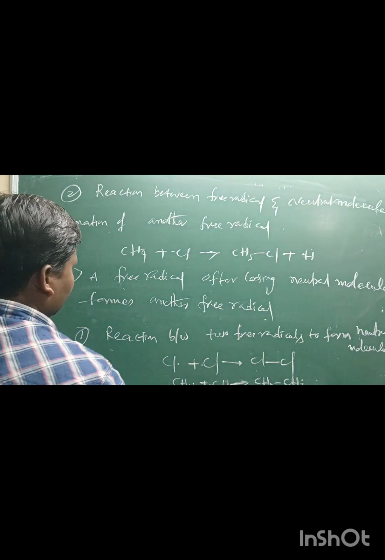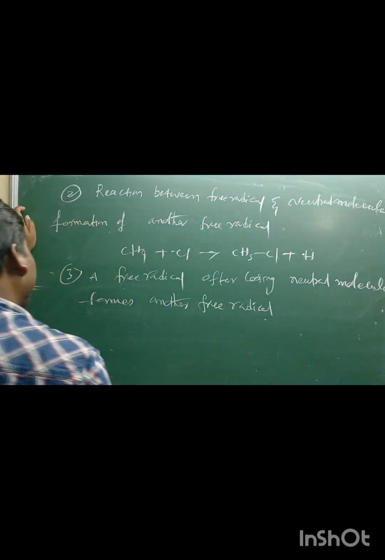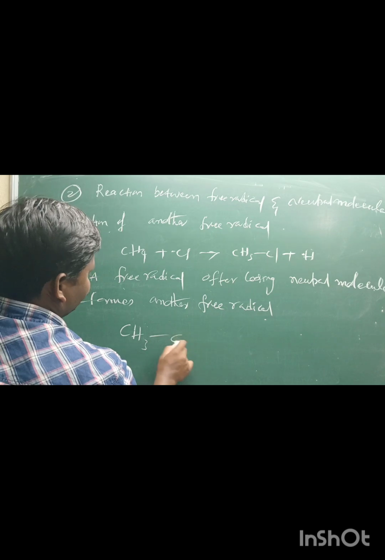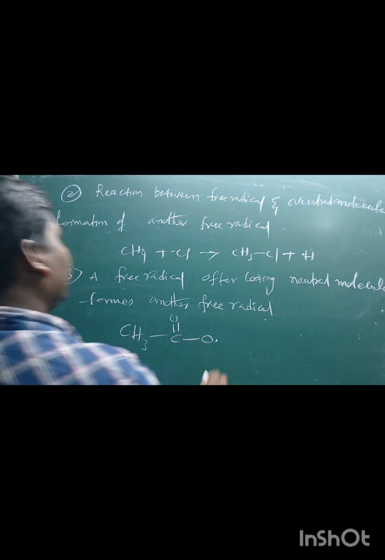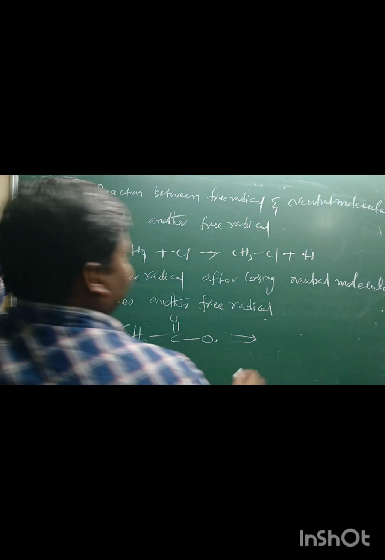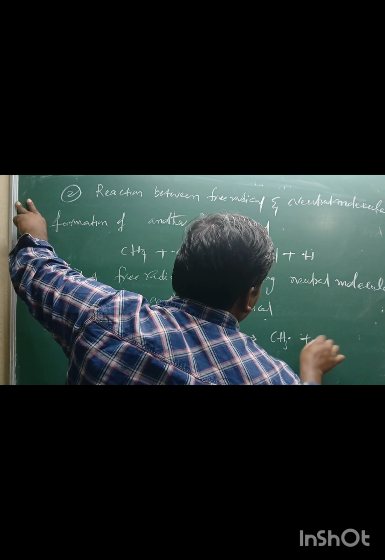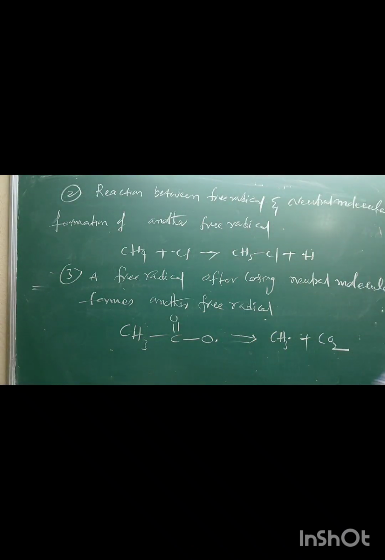For example, an acetate free radical can be converted into methyl free radical plus carbon dioxide. It is a free radical losing a neutral molecule and forming another free radical. This is the methyl free radical.